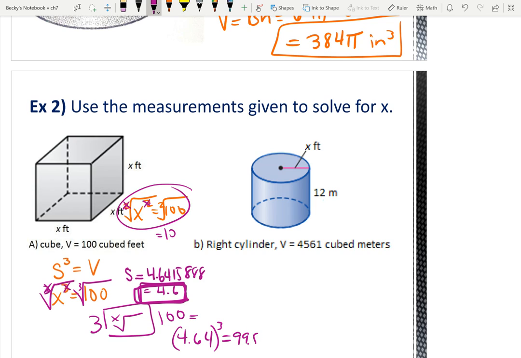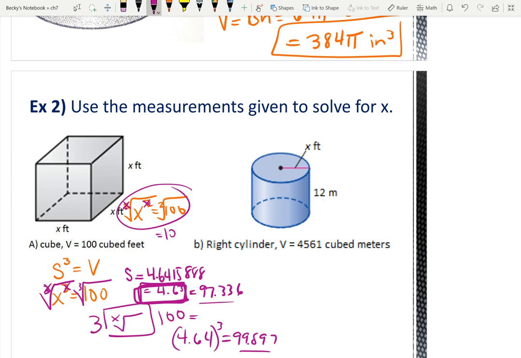I get 99.897. And if I just cube 4.6, I get 97.336. So you can see what we're trying to get to, 100. Rounding to the tenths really doesn't do real well. So that's something to think about.